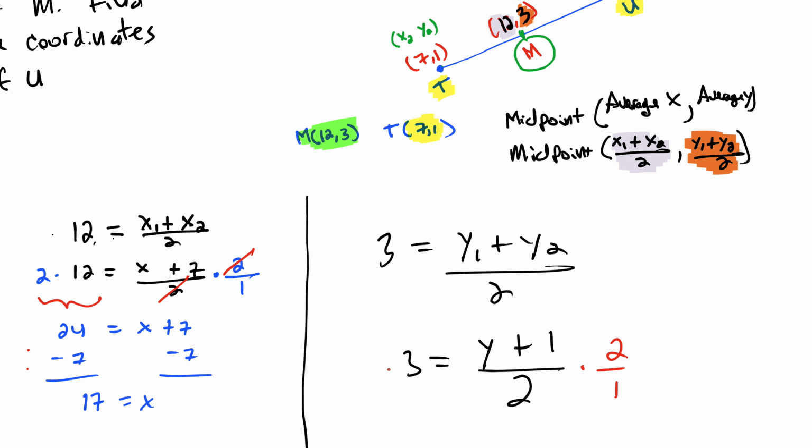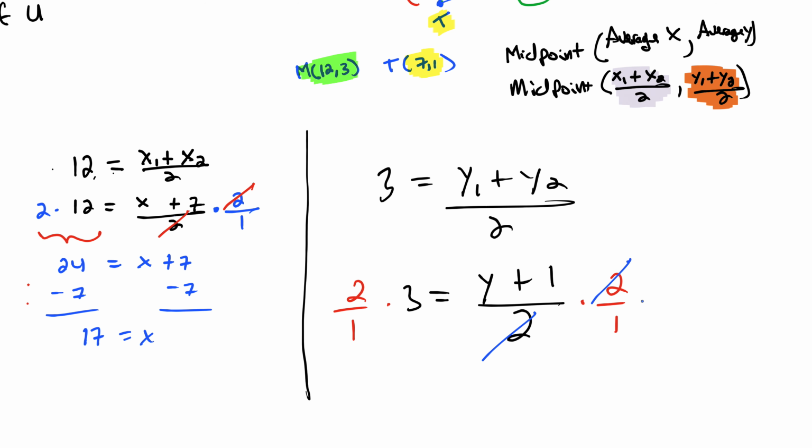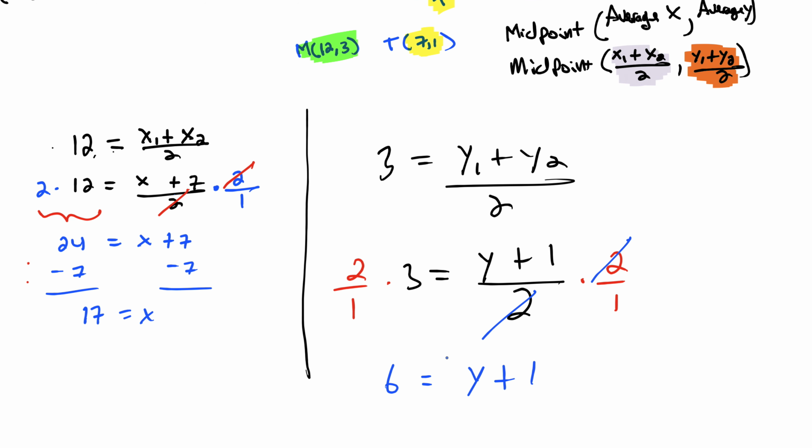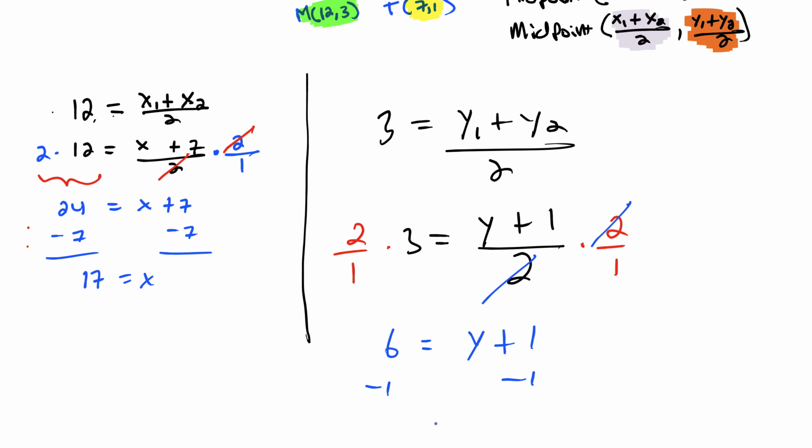How do we get y by itself? Multiply by 2 over 1, multiply by 2 over 1. What do you get on the left? 6 equals y plus 1. Now what do we do? Subtract 1 from both sides. You're going to get y equals 5.